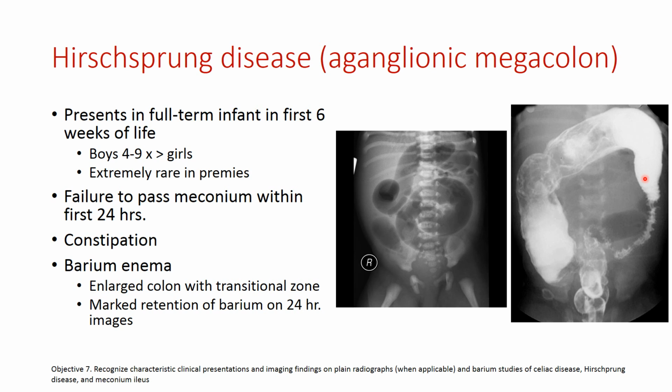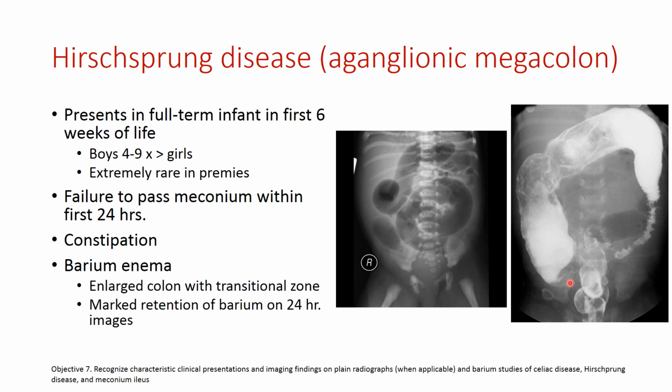Now, often this aganglionic segment is very low within the rectum, and it's very difficult for us to see on barium enema. If we suspect Hirschsprung disease, we are always careful to do images of the rectum with the barium enema balloon removed.